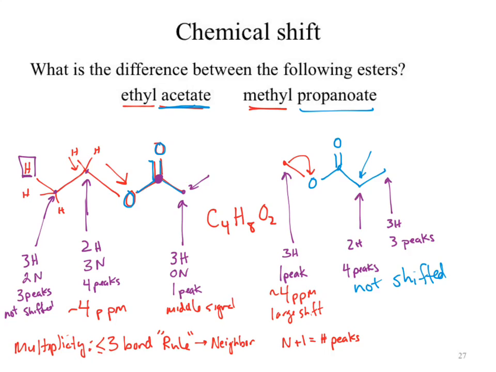How does this help us out? Well, looking at the spectra, what do we expect to see? If we expect the compound on the left, the CH2 signal should be the furthest downfield. If we have the ester on the right, our CH3 signal is the furthest downfield.